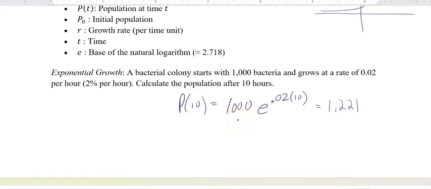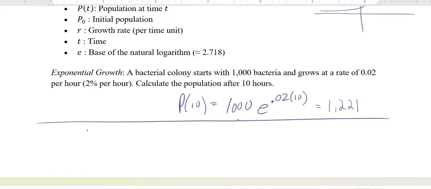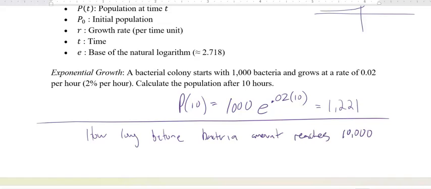Now the real question comes, which we're going to study next. I want to know how long it takes till the bacteria amount reaches 10,000. Okay, so think about that for a second. You would say, well, wait a minute, that's the amount, that's the output.